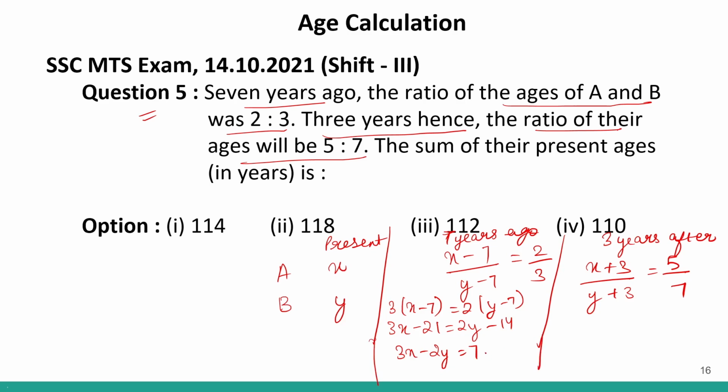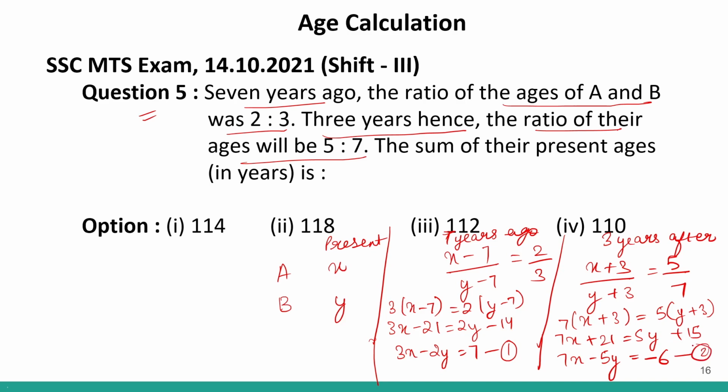Now, 7 into (x plus 3) will be equal to 5 into (y plus 3). So this will be 7x plus 21 equals 5y plus 15. So 7x minus 5y will be equal to, if I take 21 this side, it will come negative, so it will be minus 6.